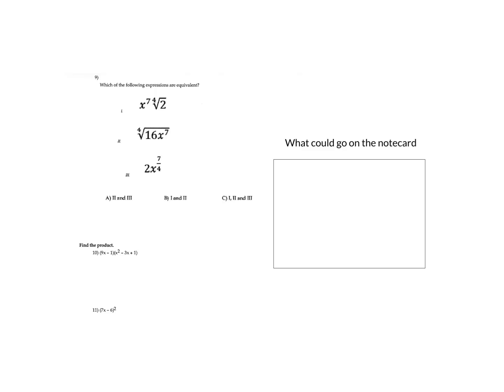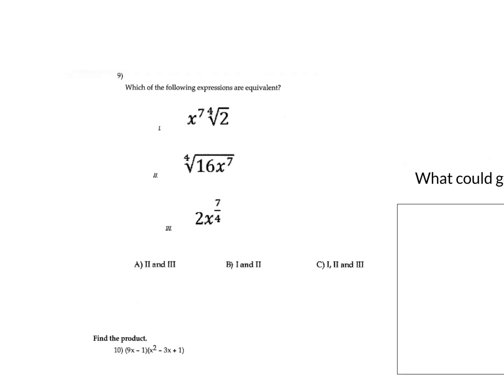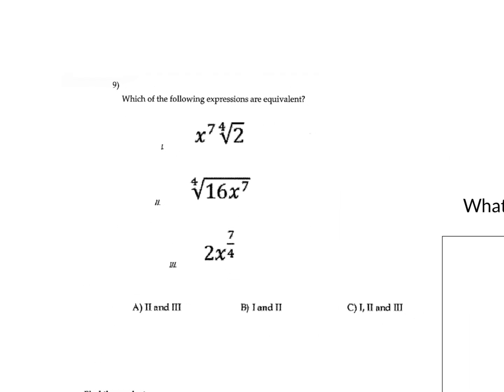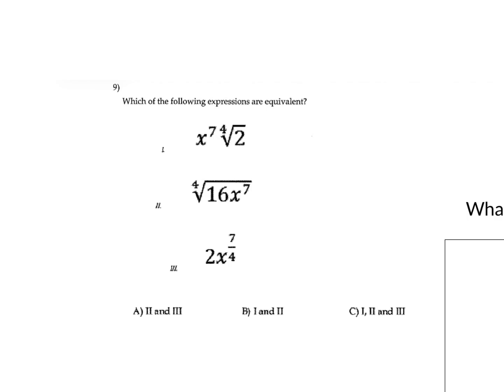Which of the following expressions are equivalent? Let's see. Well, for this one here, you might want to do that whole simplifying thing, right? So you have your prime numbers, 5, 7, 11, dot, dot, dot, because they keep going.